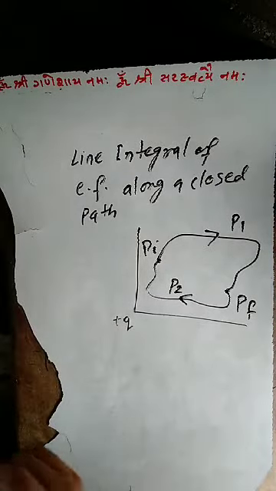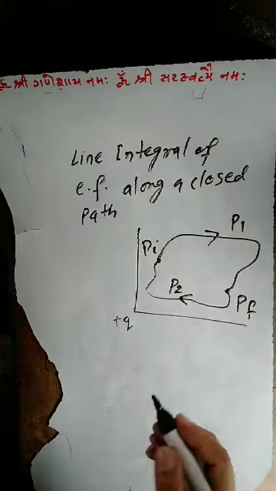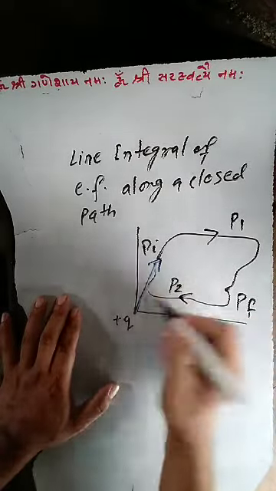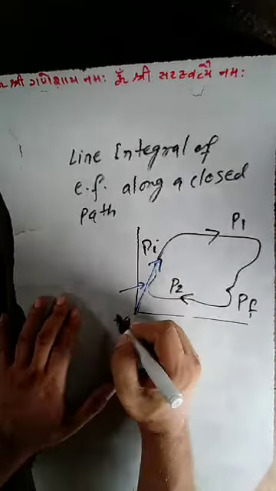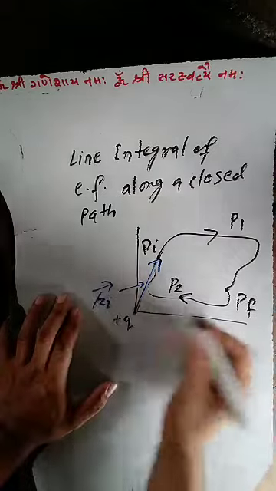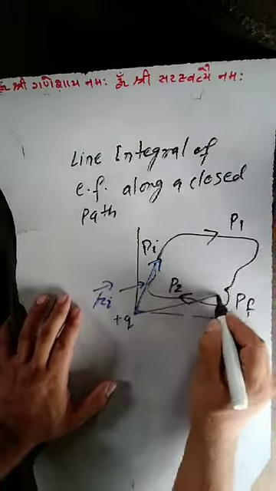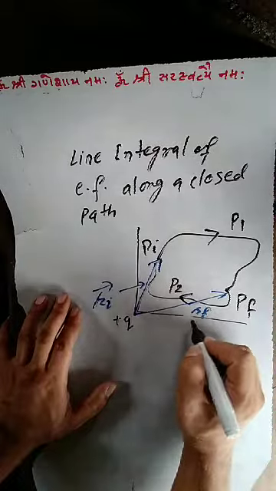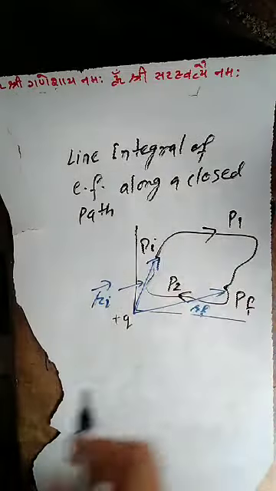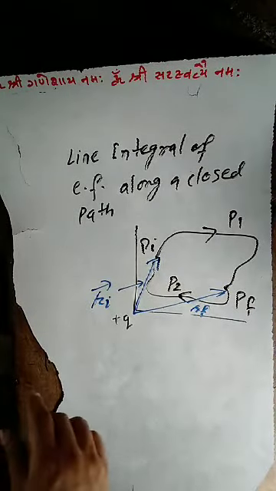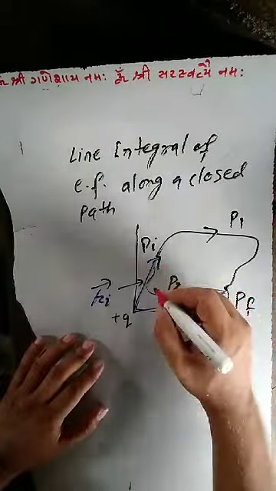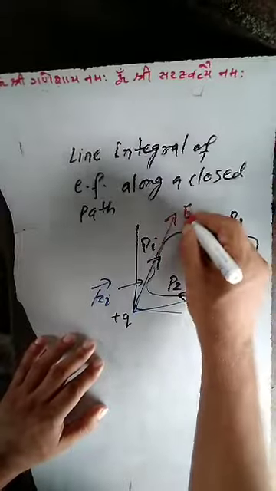Now the electric field due to this will be, this is your Ri, and this is your Rf, final position. This is your path P1 and path P2. Now we know that at any particular point, this is the direction of electric field.